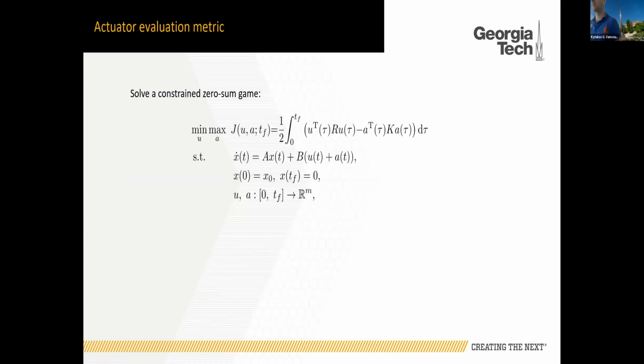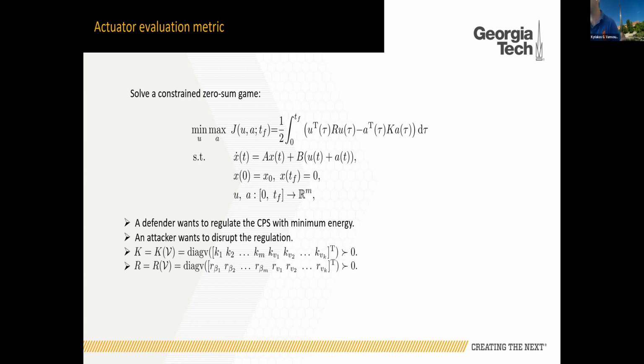Now let's go back to our favorite games. What I want to do now is solve a constrained zero-sum game. Every time I define a metric like that, this is a classical control metric where, for example, if you didn't have the A, and instead of this case you have X transpose Q X, you penalize the state and you penalize the control, so it goes back to classical LQR, linear quadratic regulators, and so on.